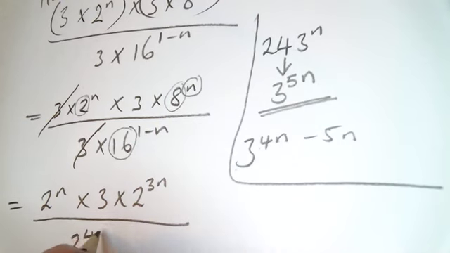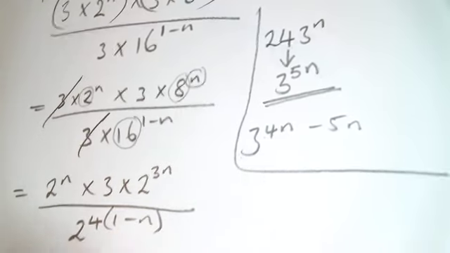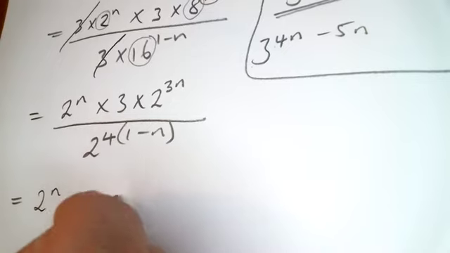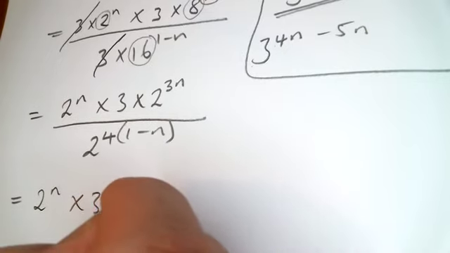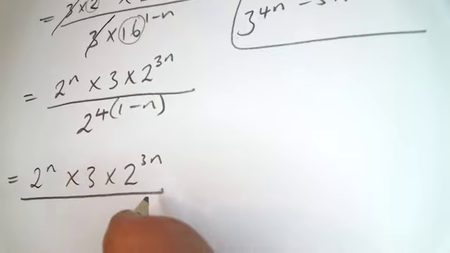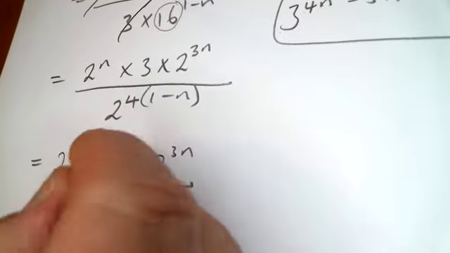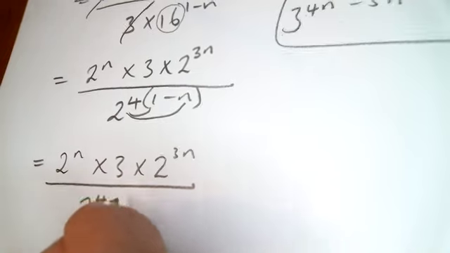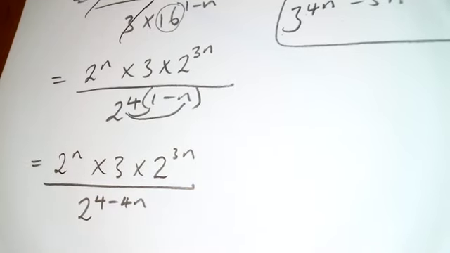And again, I've still got times 1 minus n. So I could rewrite that bit there as 2 to the n times 3 times 2 to the 3n all over, this is now 4 times 1 minus n, so it can be 4 times negative n. So it looks like that.